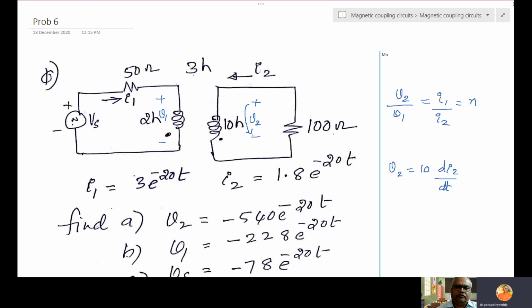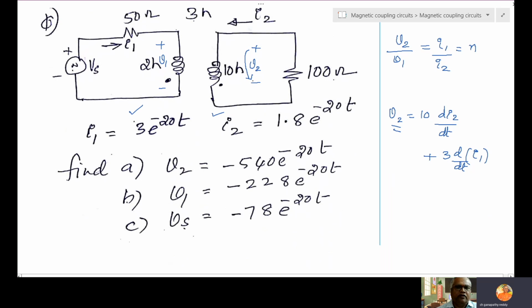We are going from positive to negative, and this direction is the same, plus. Then what is the mutual? I1 entering at undotted, sensing at undotted is plus. So that is again plus, and M is 3 d by dt of I1. I2 and I1 are given, substitute and solve for V2.